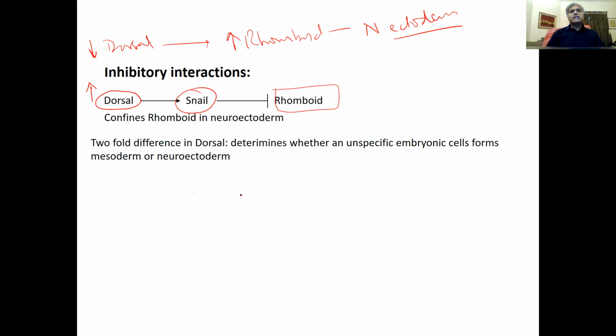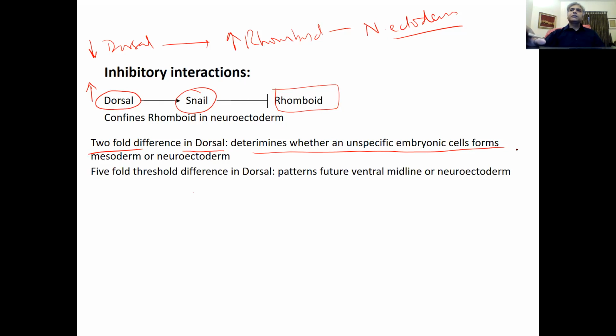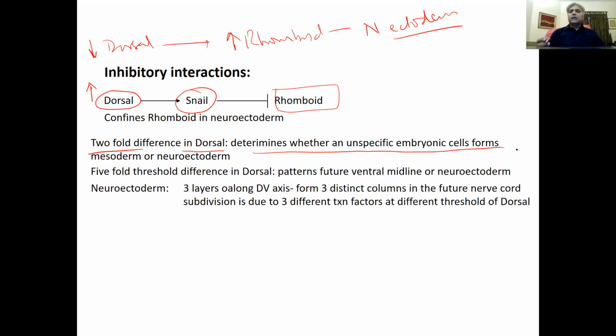What we have just seen is that just a few fold difference in dorsal determines whether unspecified embryonic cells form mesoectoderm or neuroectoderm. So the whole fate of cells can be changed by a few fold difference in the concentration of dorsal protein. It's that crucial. And if you have a five-fold difference, the future ventral midline or neuroectoderm is totally collapsed.